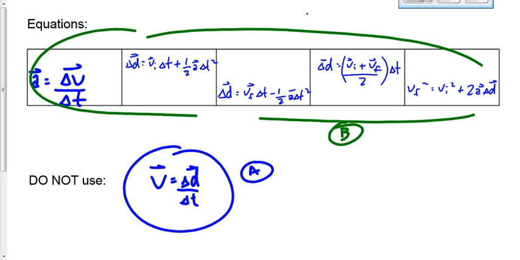Worst case scenario, you burn up some time, but you're not going to get the wrong answer unless you pick from the wrong category. If it's a group B problem and I pick a group A equation, or if it's group A and I pick group B, then I might get the wrong answer. But as long as you're picking from the right category, you won't get the wrong answer, even if it takes you 5 guesses to get the right equation.